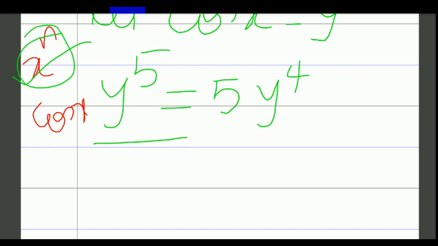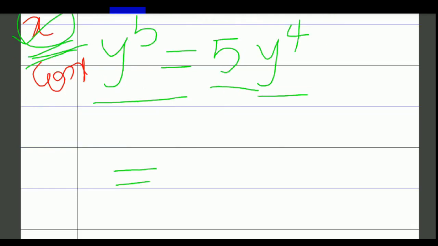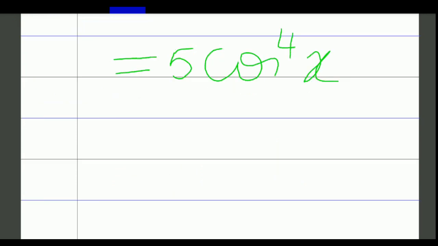This I had already discussed. If you do not know these formulas, then you can check out my derivation playlist. The first video includes this one. Now this 5 y raised to 4, we will replace y with cos x, that becomes 5 cos raised to 4x. Now as we have to differentiate cos x, we will multiply it with this result.